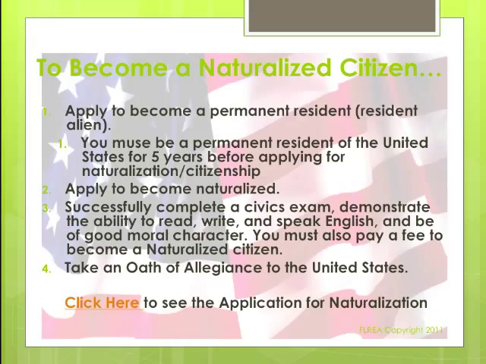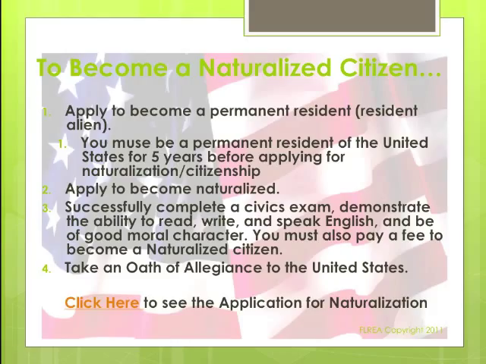To become a naturalized citizen, you must first apply to become a permanent resident or a resident alien. You must be a permanent resident of the United States for 5 years before you can apply for naturalization or citizenship. So after the 5 years, step 2 is to apply to become a naturalized citizen.